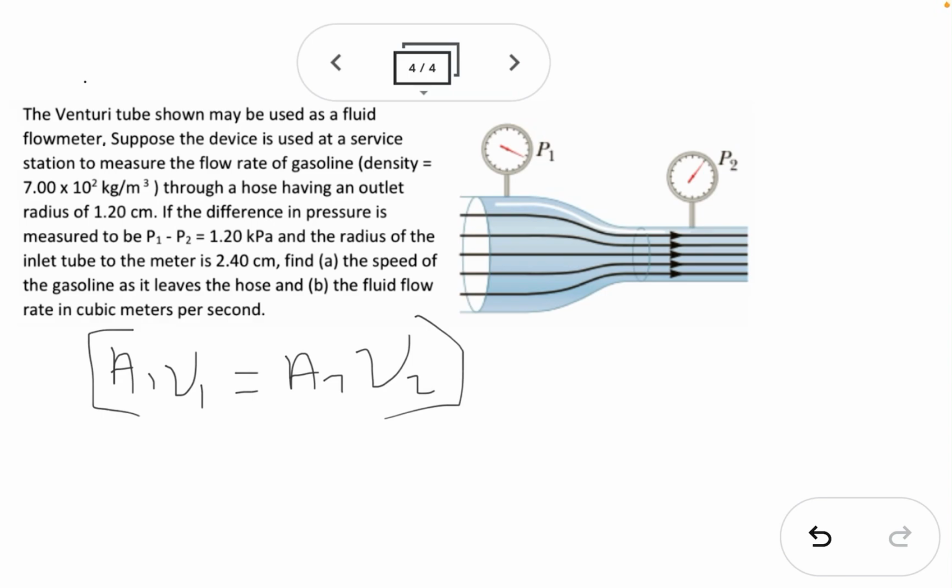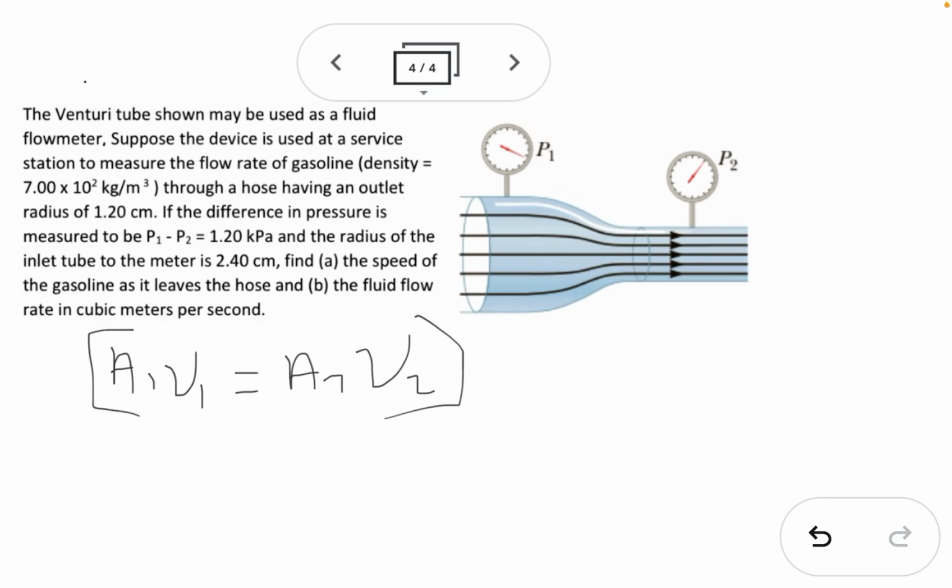Therefore, we can't determine also the speed of the fluid as it leaves the outlet. Okay, it means we are going to have two unknowns in this expression, so we shall not use this. For this case, we are going to use the Bernoulli's equation, and find an expression for the speed at point 2 here.